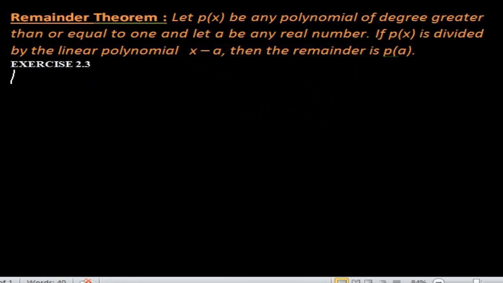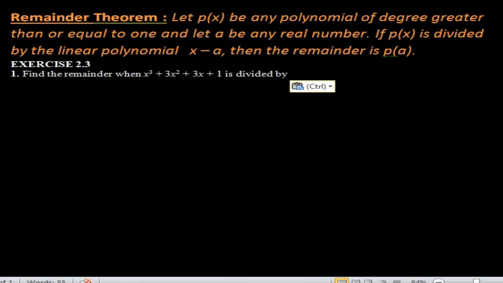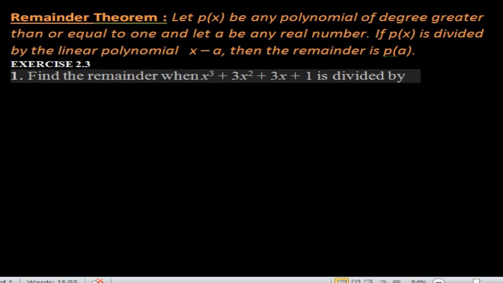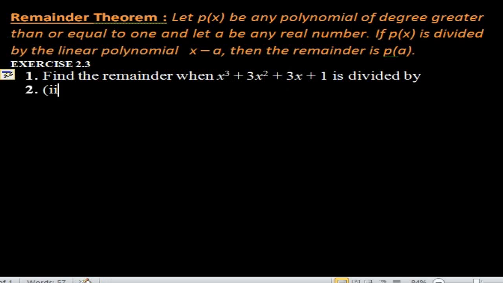Find the remainder when x cube plus 3x square plus 3x plus 1 is divided by, subdivision 2, that's given as, divisor is given as x minus 1 by 2.